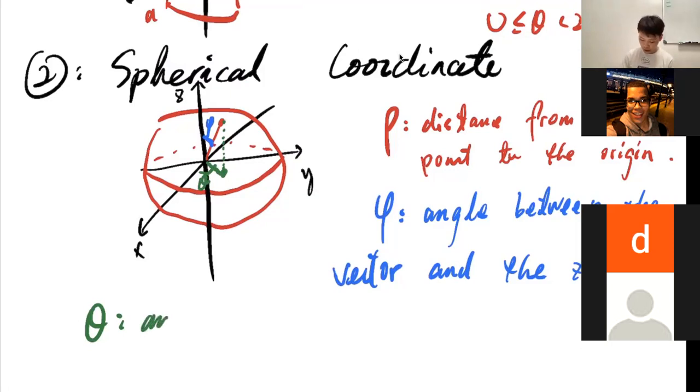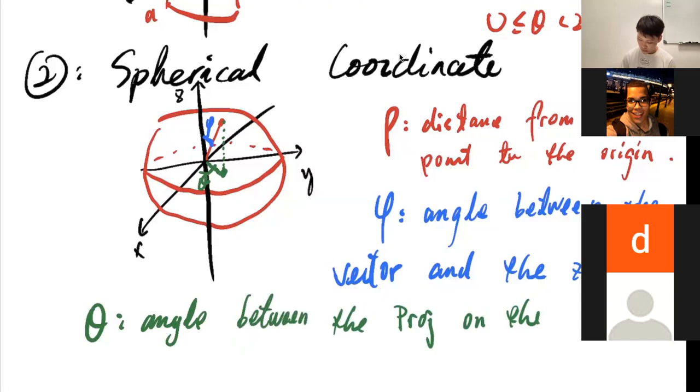So theta is the angle between the projection on the XY plane and the x-axis.